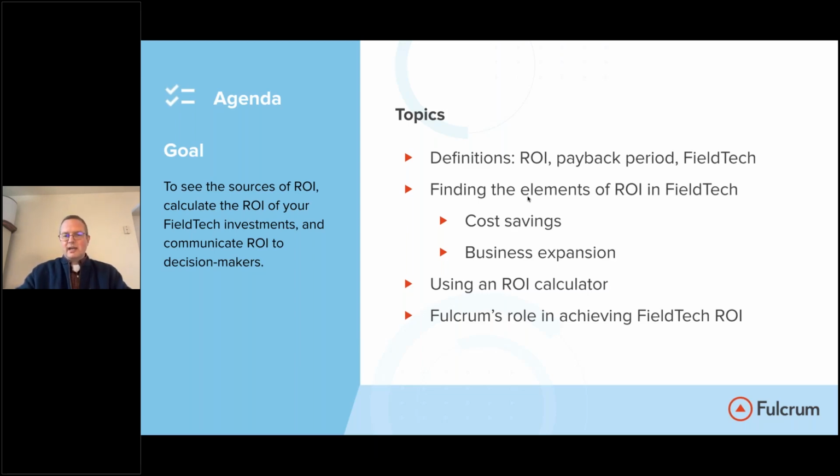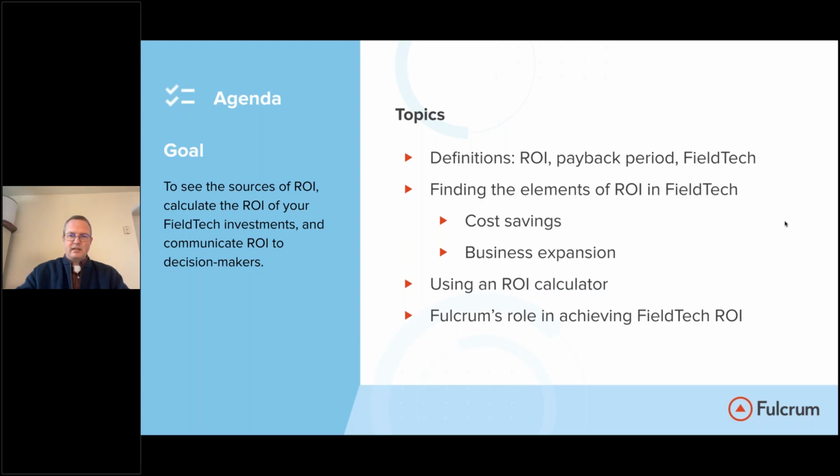I'll show you an ROI calculator that I've been using to calculate some of this stuff out, and you'll see exactly how the calculations work. And by the way, you'll have an opportunity to make a copy of that ROI calculator for yourself in just a little bit. And then finally, I'll wind up with talking about Fulcrum's role in achieving field tech ROI, how we help you achieve ROI in your field tech ecosystem.